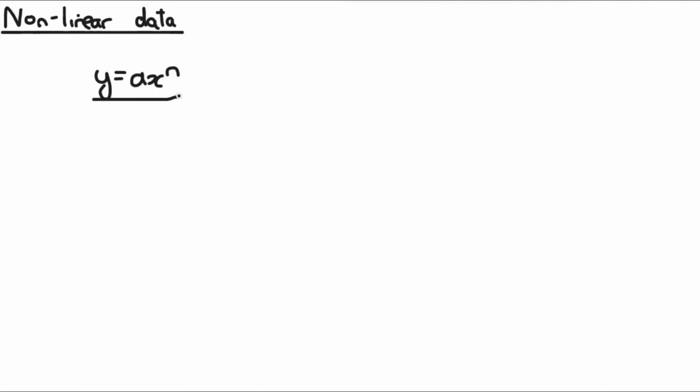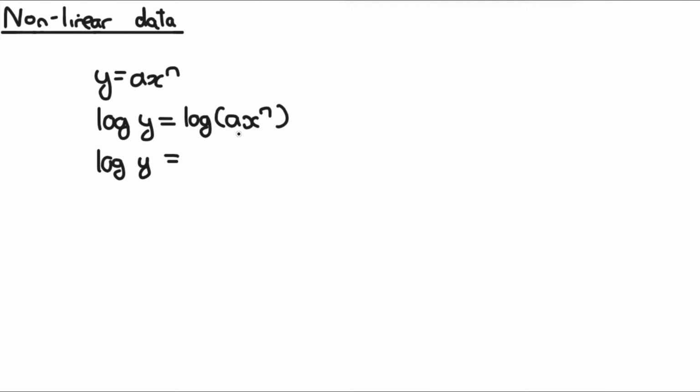So for y is equal to ax to the power of n, if we take logs of both sides, which we talked about in the last video, this is going to be log y is equal to log of ax to the power of n. We've just taken logs of both sides. Let's keep this as log y, and let's separate this into log a plus log of x to the power of n.